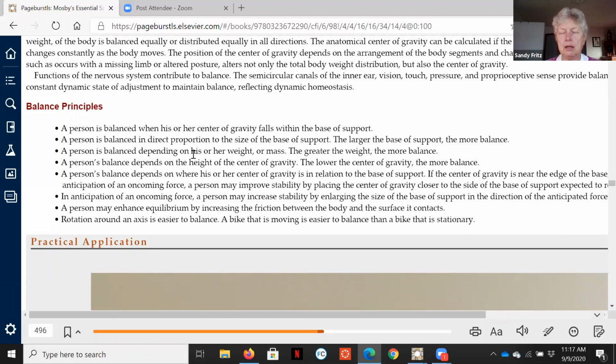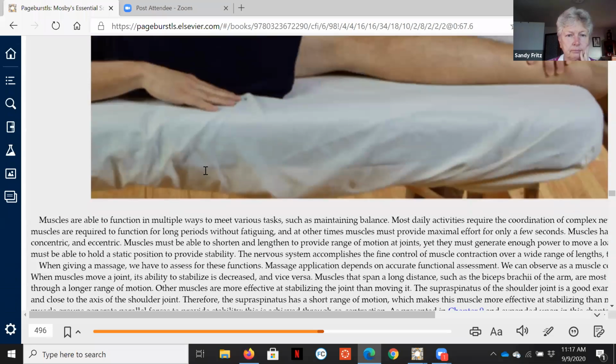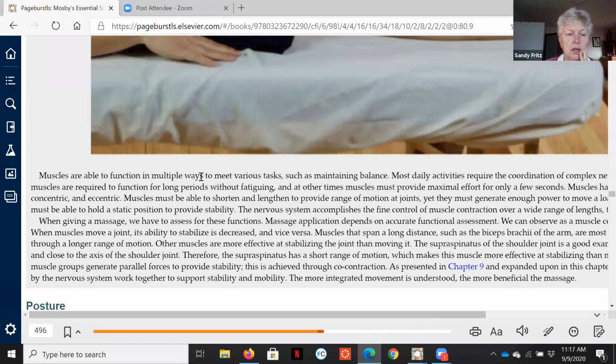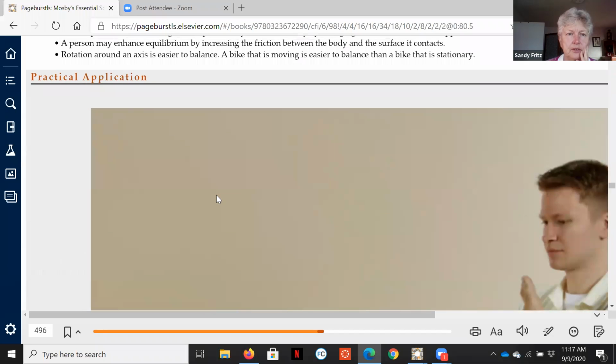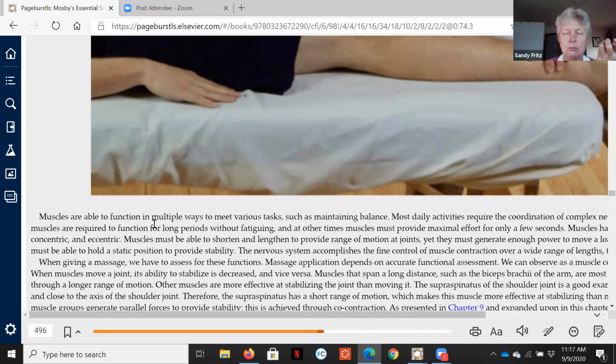So inherently we're a little off balance when we are providing massage. The practical applications in here will help you get some comprehension of these more abstract concepts we're trying to describe in this chapter.